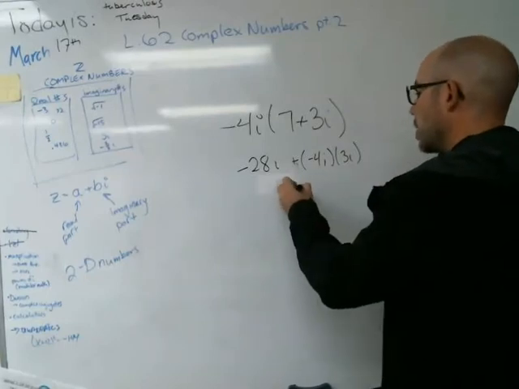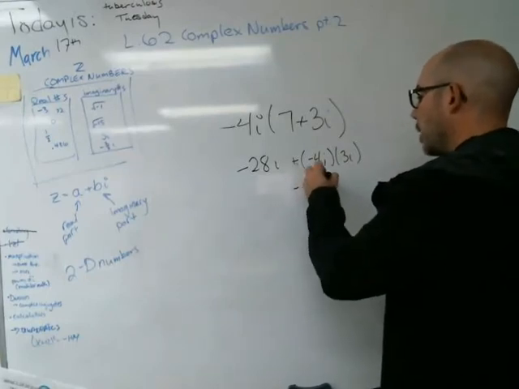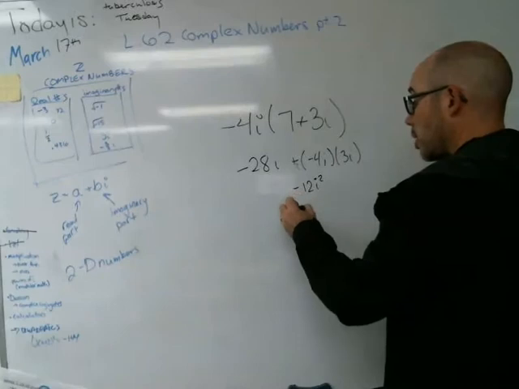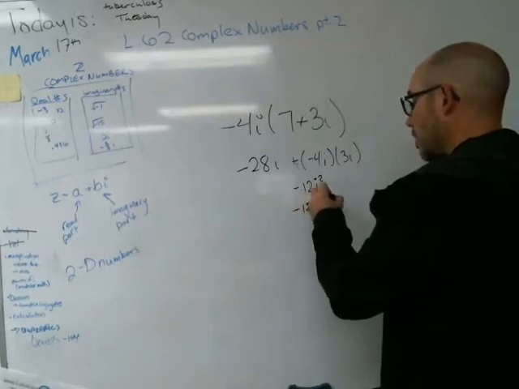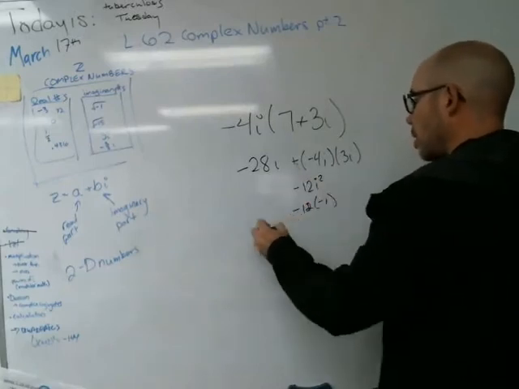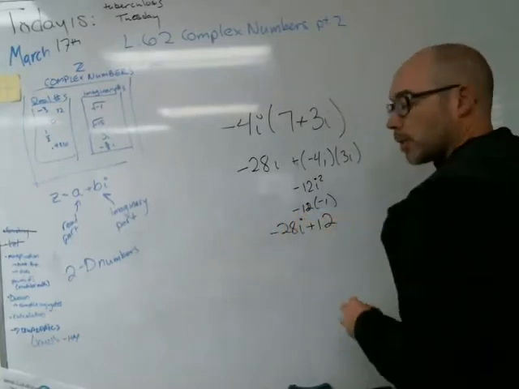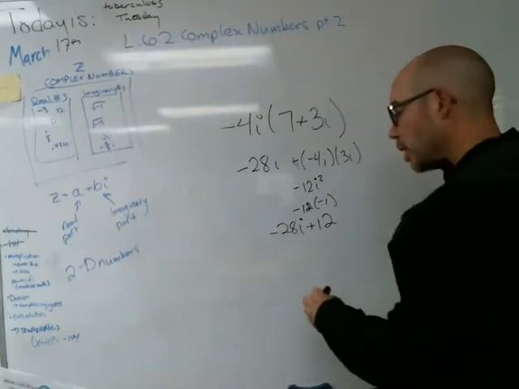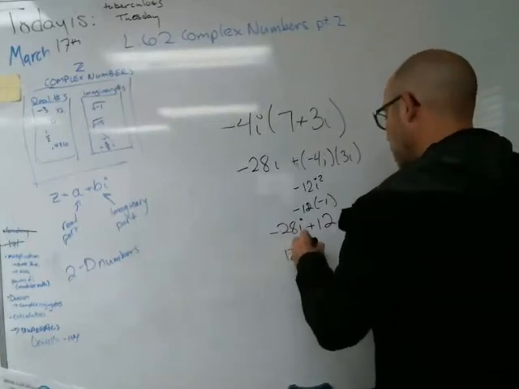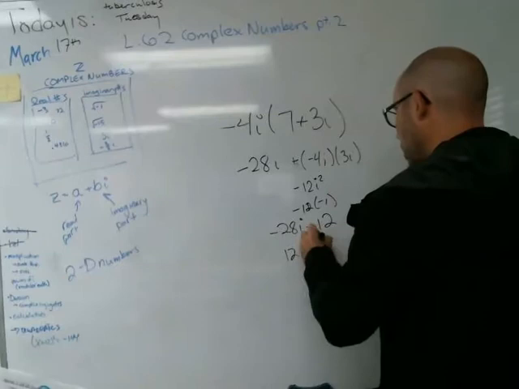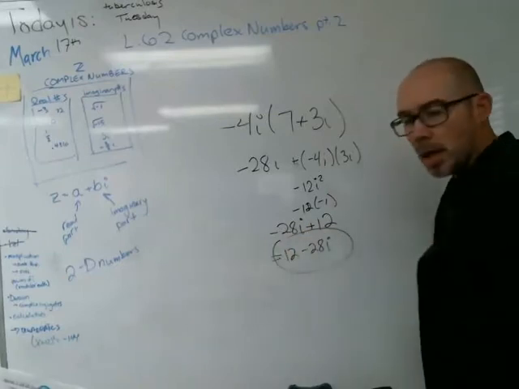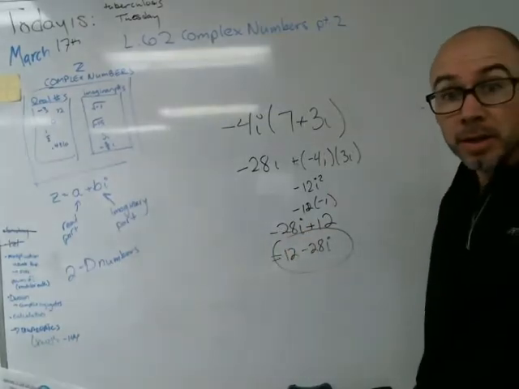Now this part ends up being negative 12i squared, but i squared is equal to negative 1. We said that before, so we get negative 28i plus 12, or better yet, we need to put the 12 in front and the 28 behind. We get a complex number when we do our distribution.